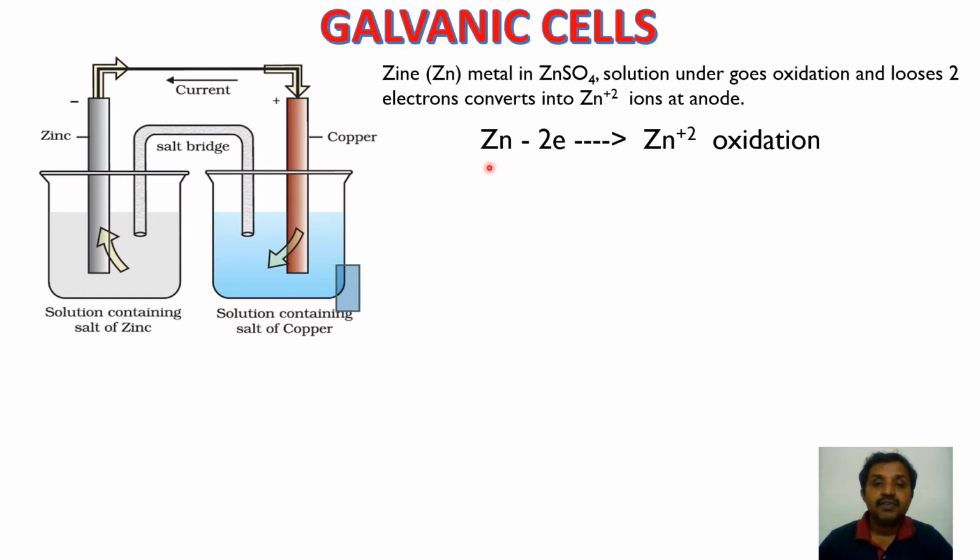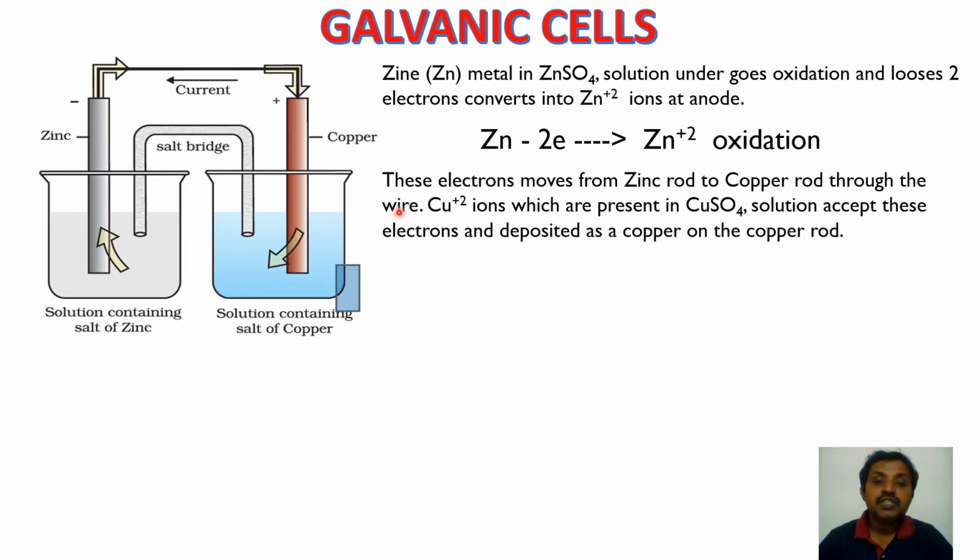You can see here, zinc is losing 2 electrons, increasing its oxidation number from 0 to +2. In the metallic state, every metal exists at 0 oxidation number. From 0 to +2 is an increase in oxidation number, which is called oxidation.